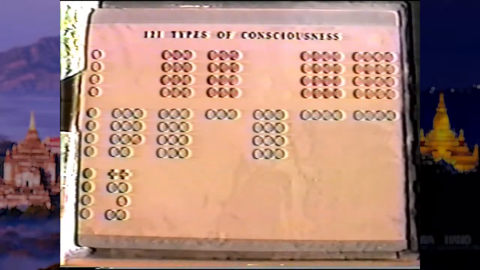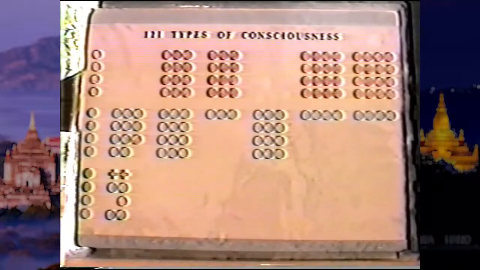These cetasikas always arise together with consciousness, and they perish or disappear together with consciousness. They take the same object as consciousness, and they have the same base as consciousness. So when consciousness arises, these mental factors arise, and when consciousness disappears, they disappear along with it.